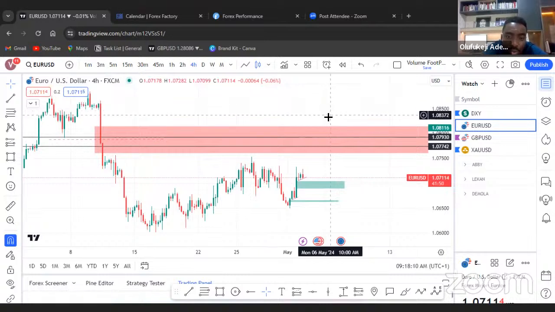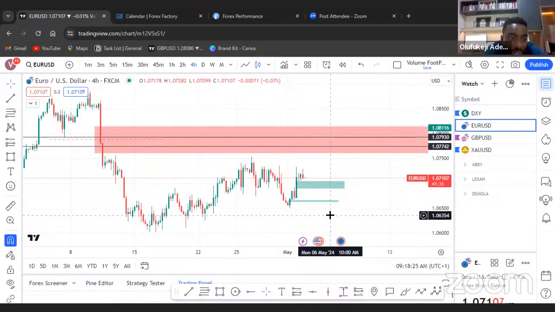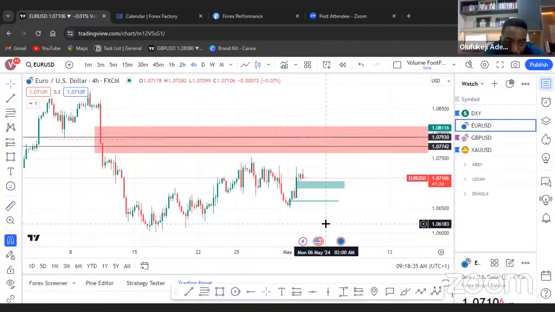So we should be able to get a very nice trade with good risk to reward ratio. Our stop is somewhere around 1.0625, below there, and our take profit goes all the way to the upside, with price hitting it.